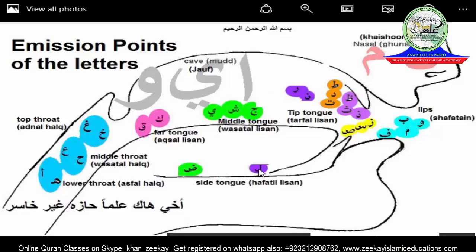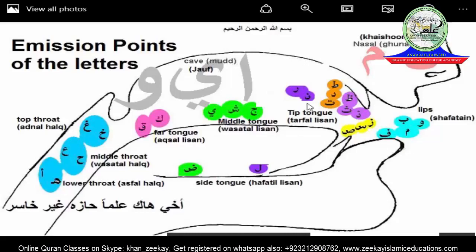This letter will be pronounced by touching this part of our tongue, the edge of the tongue, to the part which is in between the premolars of one side and the premolars of the other side, and because of that part, letter lam is pronounced. Lam.